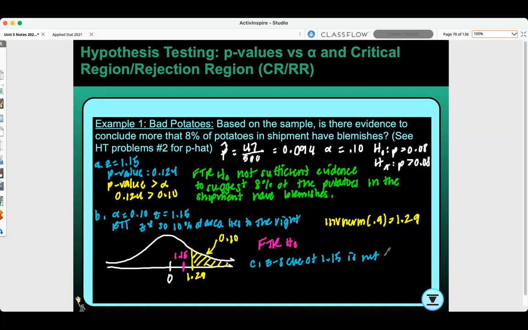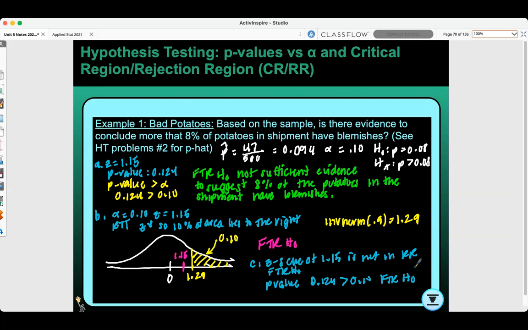And the p-value of 0.124 is greater than 0.10, so I fail to reject the null hypothesis.